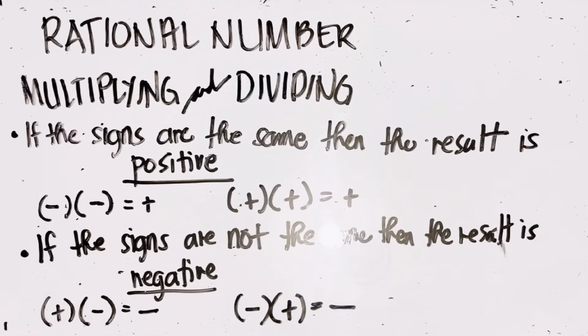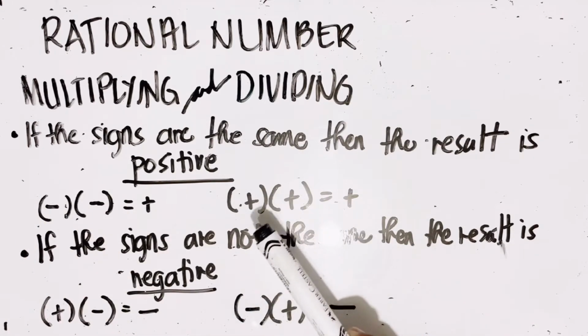So that's the same thing with dividing. If the signs are positive, then the result is positive also. So for example, negative divided by negative, that's equal to positive number.